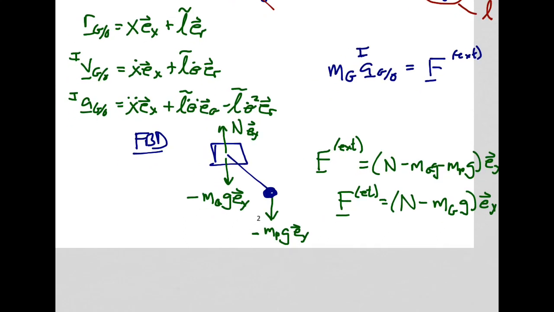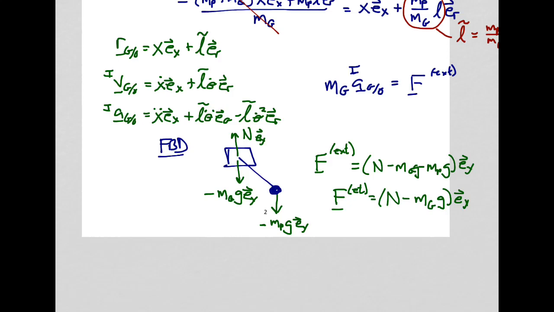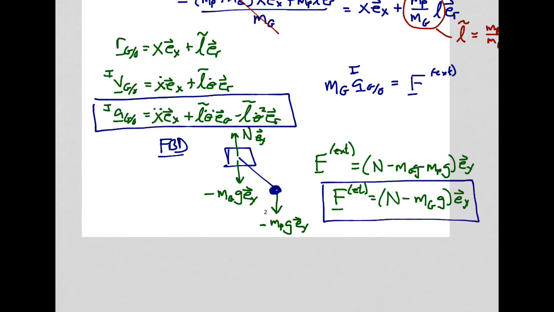And hopefully you can see that this altogether is a much simpler system to solve than what we did before when we got the full equations of motion. So let's see what happens when we put these together. We're going to insert this into mg times ag with respect to O as observed in the inertial reference frame is equal to all the external forces on the system.